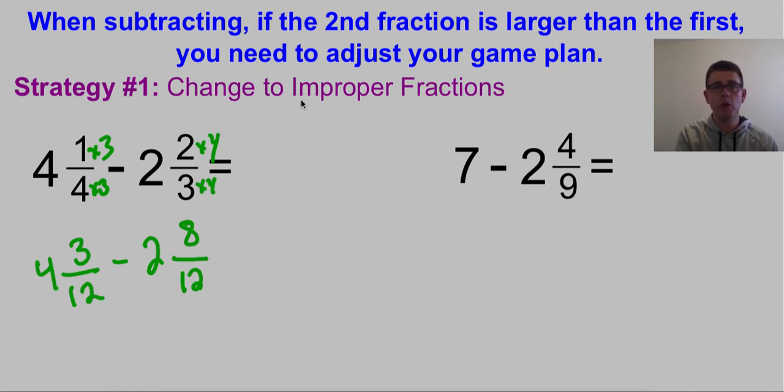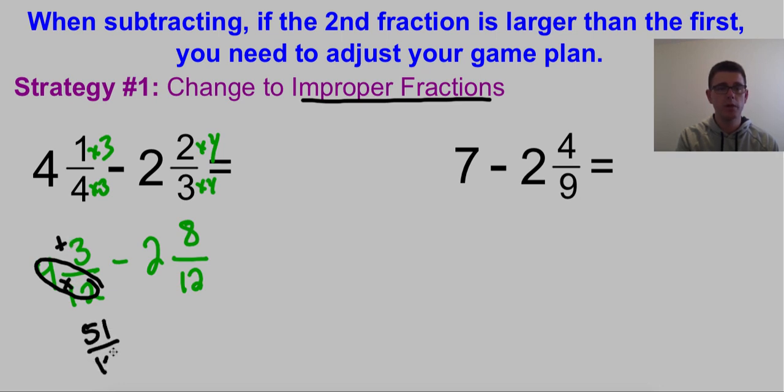Our first method is to just change your new fractions into improper fractions. So we do 4 times 12 is 48, plus 3 is 51/12. Then we do 2 times 12 is 24, plus 8 is 32/12.